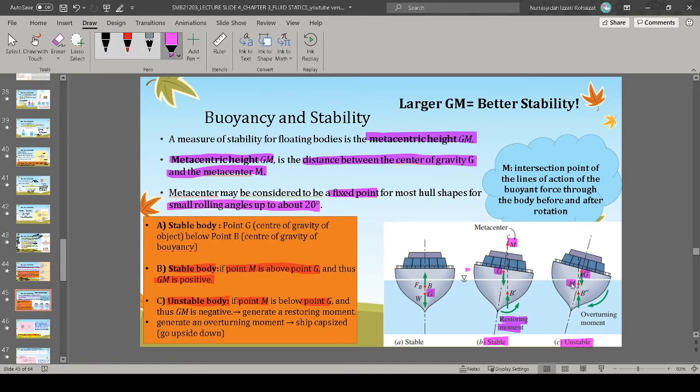So we have our M somewhere below point G. So with any disturbance, it will cause the ship to overturn and topple or capsize. Okay, so let me just update this one. Generate an overturning moment.